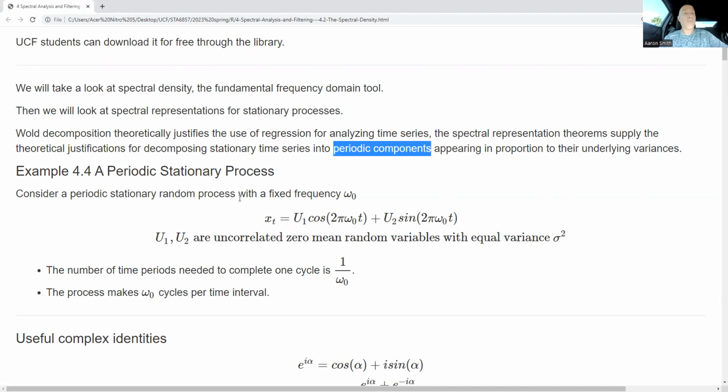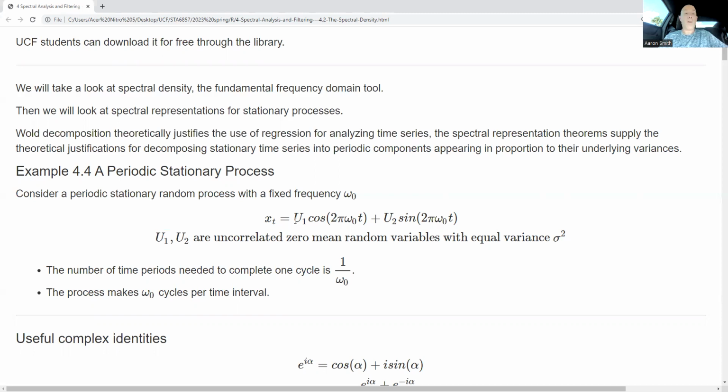As an example, consider this periodic stationary process where we just have one frequency, omega sub 0, and we have a sine and a cosine component to it. The coefficients of sine and cosine are uncorrelated zero mean random variables with equal variance.